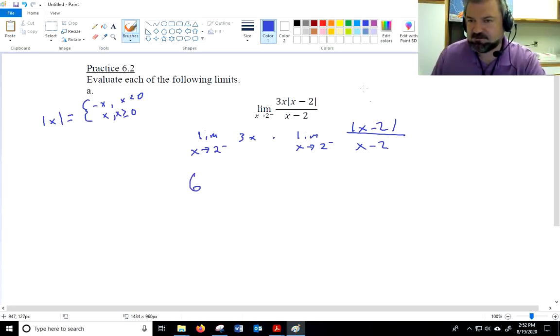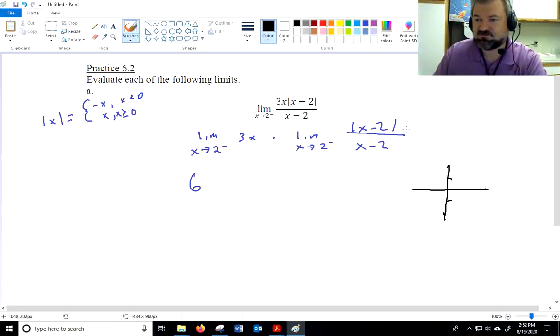So that's fine. But we need to think about what this is. If I were to draw a sketch of it, we know that x minus 2 over itself is 1 everywhere, right? So the absolute value of x minus 2 is the same as x minus 2 as long as it evaluates to a positive number. So that's going to be for all values greater than 2, right? So at 2, and beyond, it's going to evaluate to 1. At exactly 2, it's undefined because of the divide by 0.